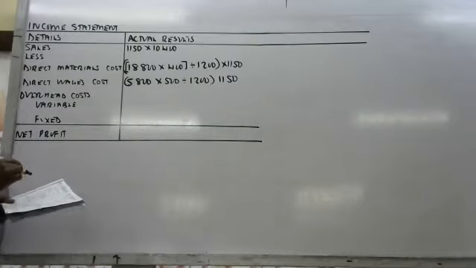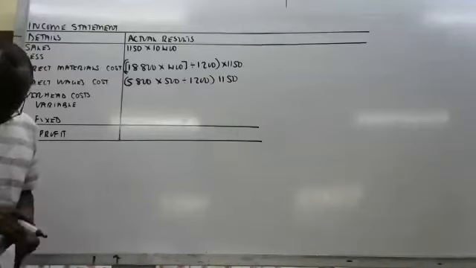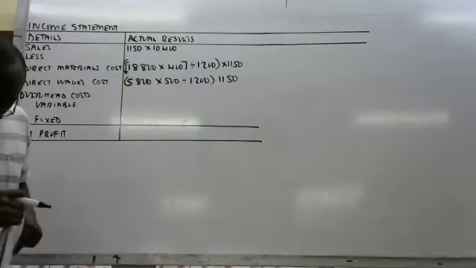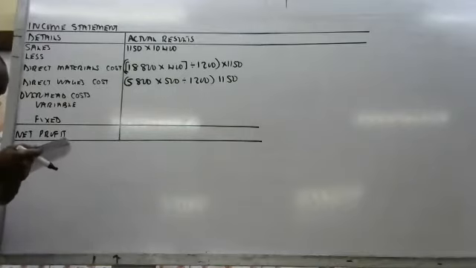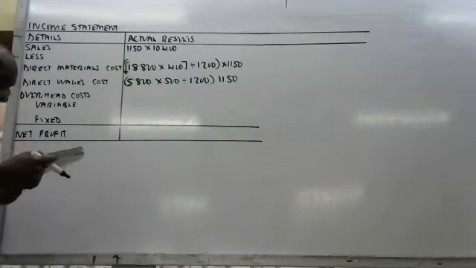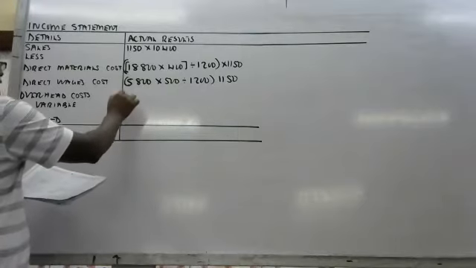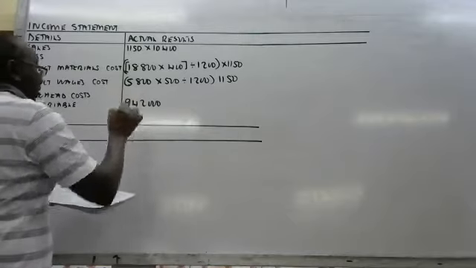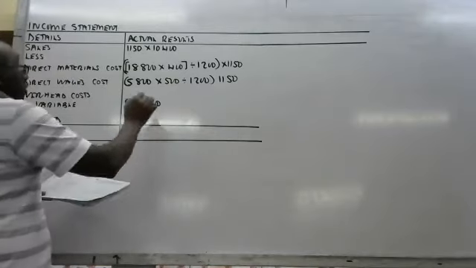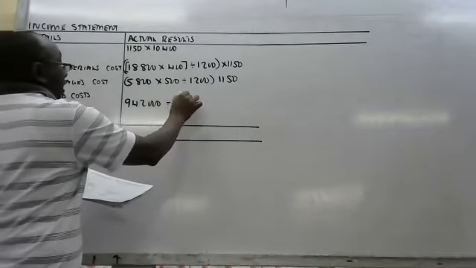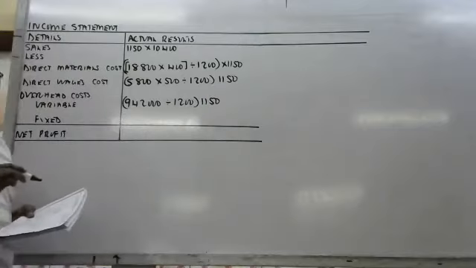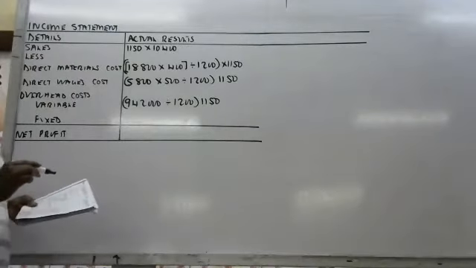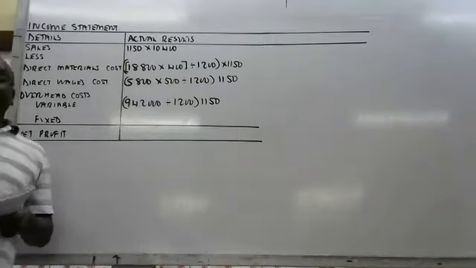You do the same thing with the variable overheads. The 942,000, you divide it by 1,200, multiplied by 1150.